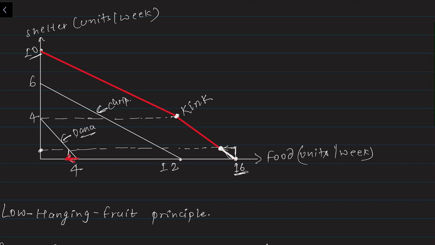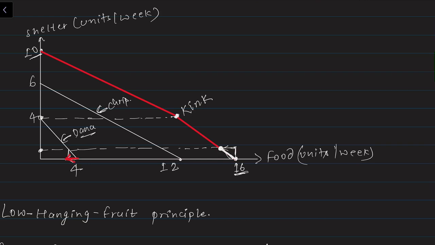After Dana reaches the 4 units of shelter production, she will run out of her time, right? She will have no time left for the production of food anymore. So now it is time for Chris to produce the shelter.